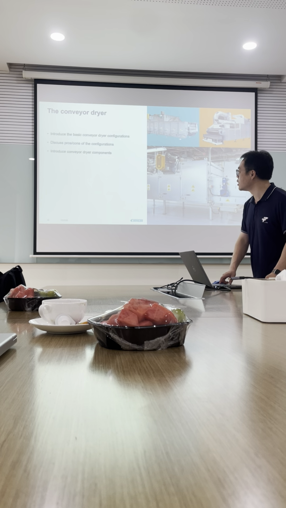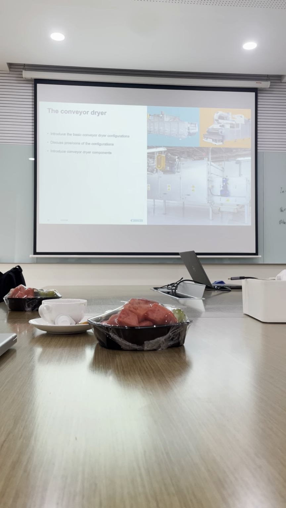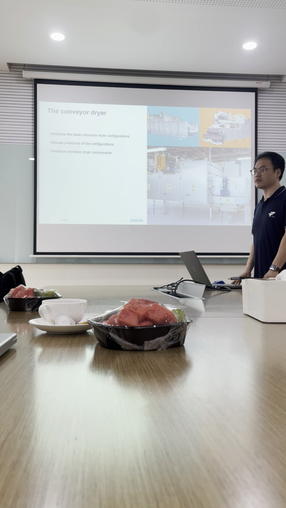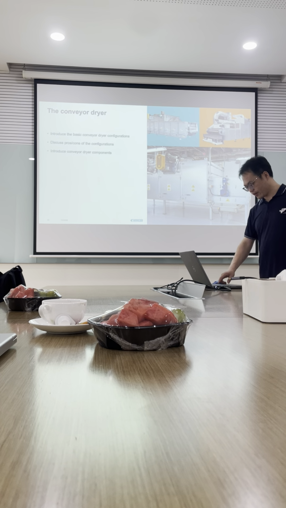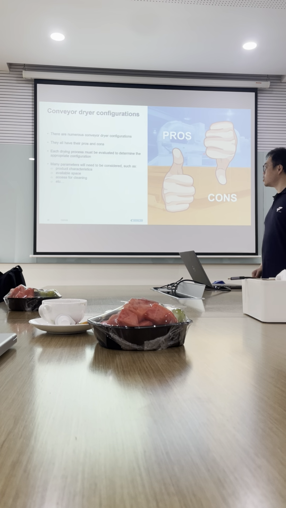In this topic, I will introduce the basic layer configuration and discuss the disadvantages and advantages of different configurations and introduce some dryer components. In Europe, there are many conveyor dryer configurations.